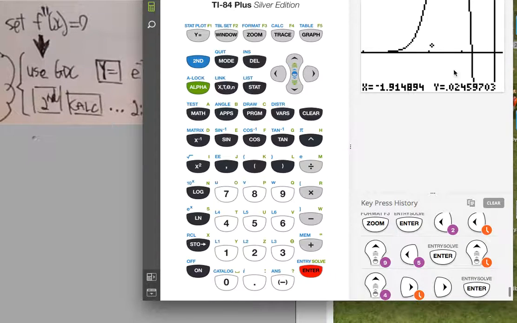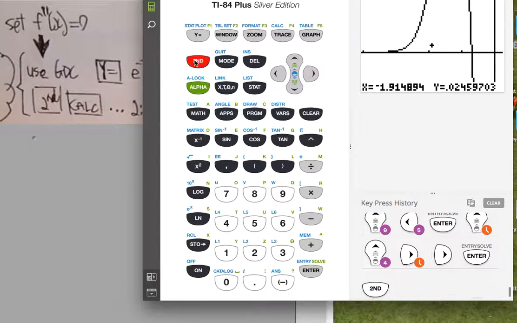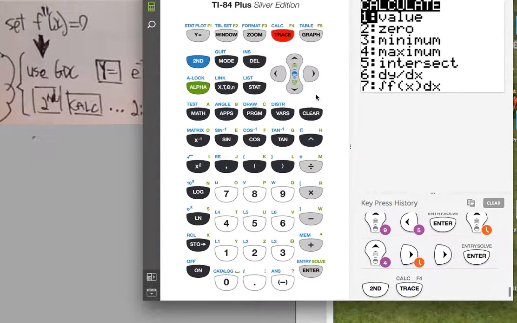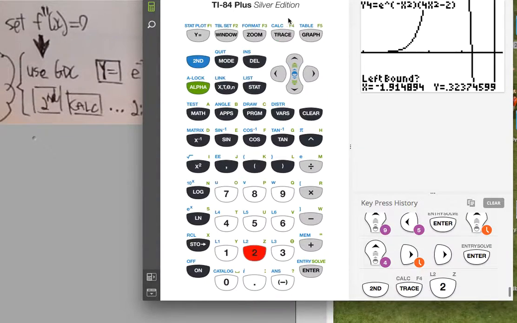Well, it looks like, in fact, as I suspected, we do have a firm 0 here, intersection with the x-axis. So that's what we're looking for. When is the second derivative equal to 0? So we're going to go to second calc, and look for the 0. We're going to scroll along until the cursor becomes visible.